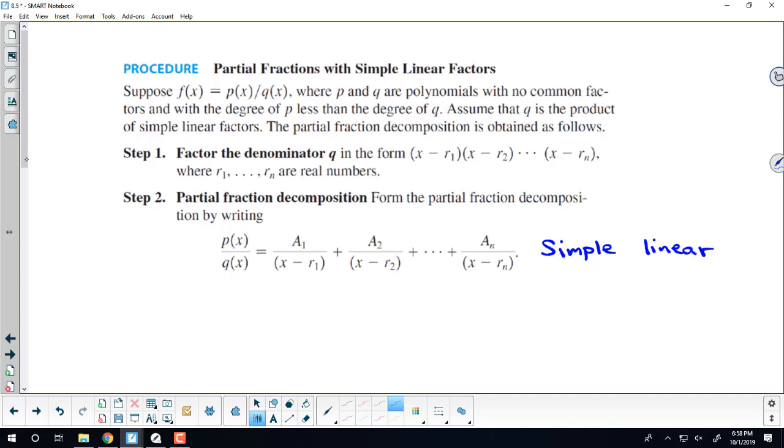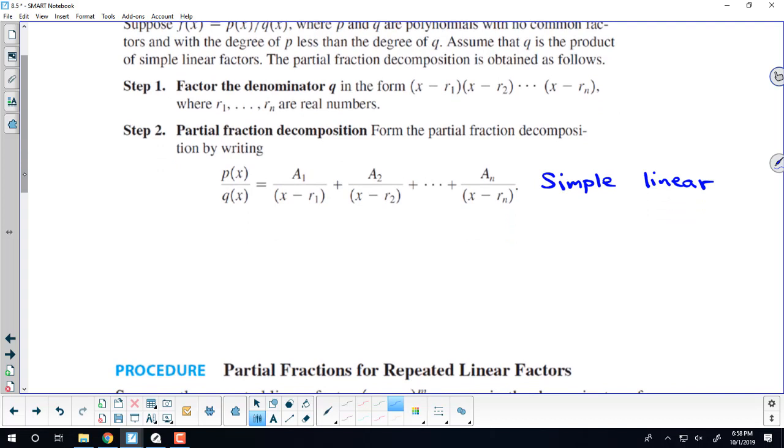You can use A's if you want, but let's look at a specific example. For example, let's say we had 2x divided by x plus 1 times x minus 2 times x plus 4.